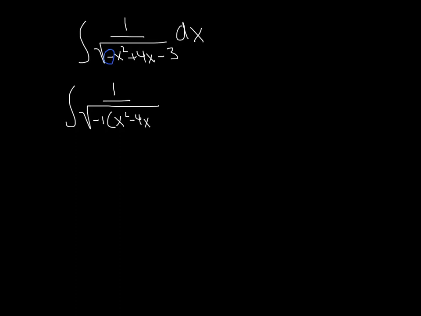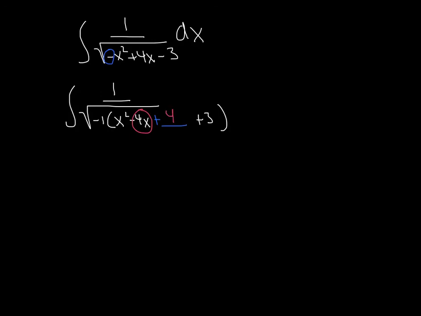And I'm going to leave a space right here because we're going to complete the square. So I'm going to put the plus 3 right there. Alright, so completing the square, we need to take half of that, which is negative 2, and square it. So that's going to give us a plus 4.